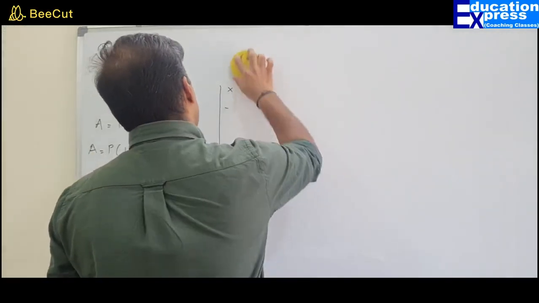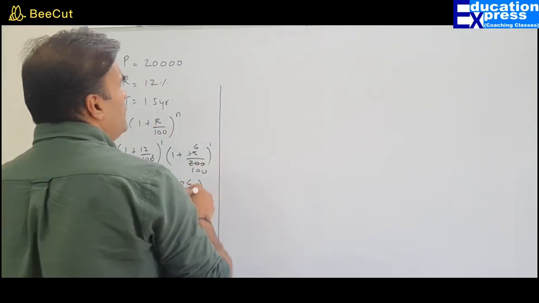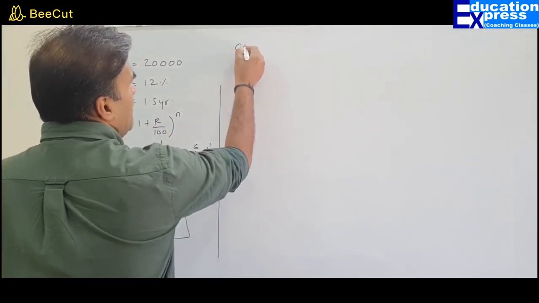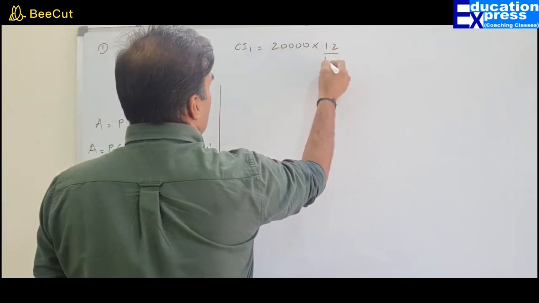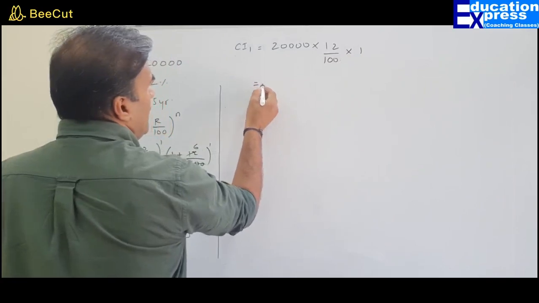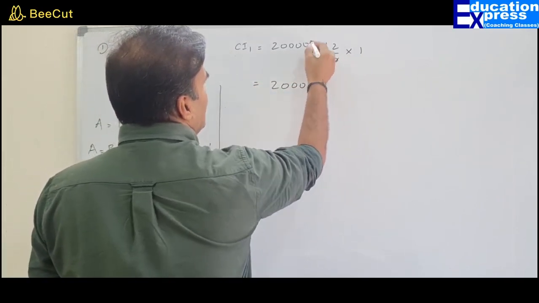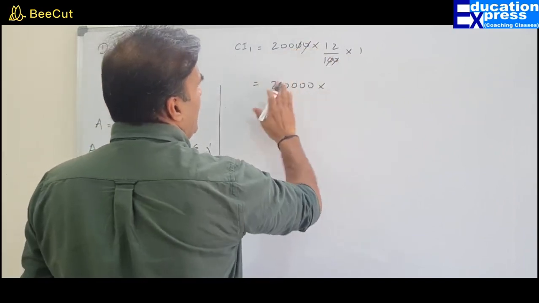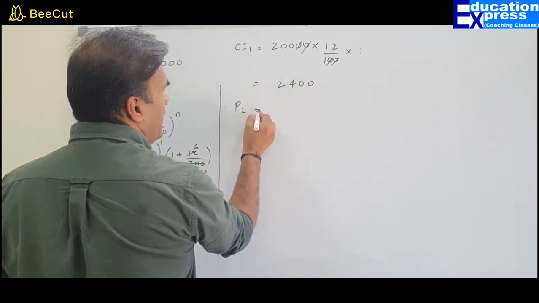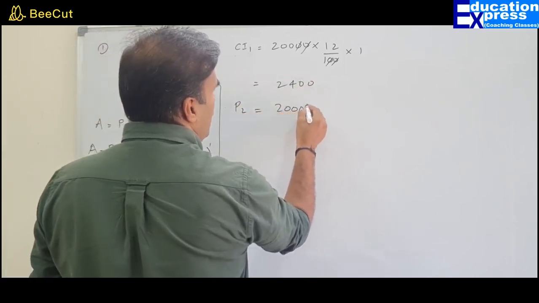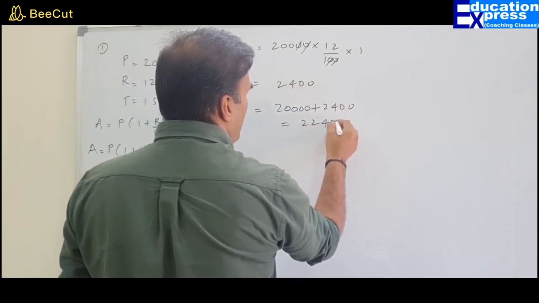Second part of the question, you could have done the same question without using the formula. How? So compound interest for first year would be 20,000 into 12% for 1 year. That would be 200 into 12, 2400. What about P2? So 20,000 plus 2400, that would be 22,400.